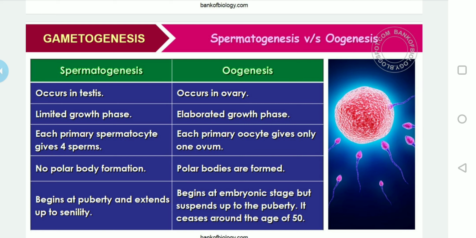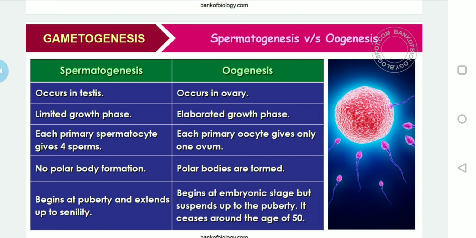That means polar bodies are not produced during spermatogenesis, but in oogenesis polar bodies are formed. The spermatids undergo metamorphosis to convert into sperms, isn't it? But in oogenesis, after second meiosis, the secondary oocyte produces a functional ovum.